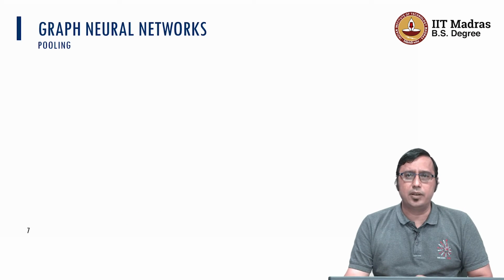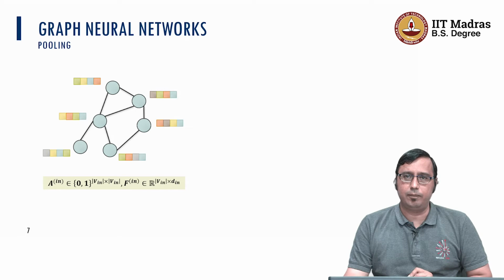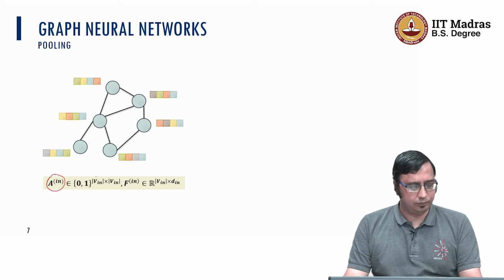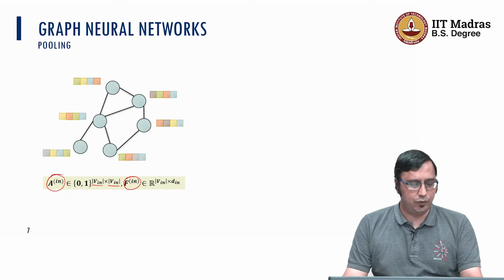Let's look at the pooling operation more graphically. Here I have given the previous graph where we have A in of certain dimension and F in of certain dimension. Remember that the cardinality here is the number of nodes, cross the number of nodes, and here it is the number of nodes cross D in, which is the features.